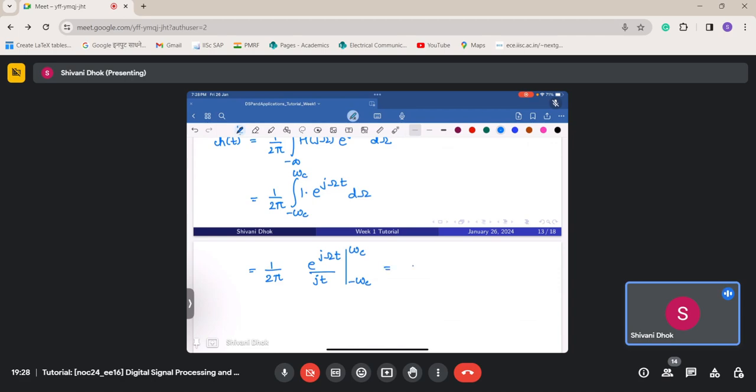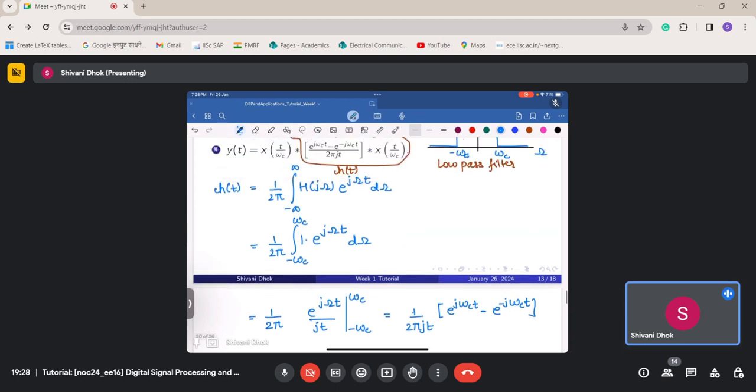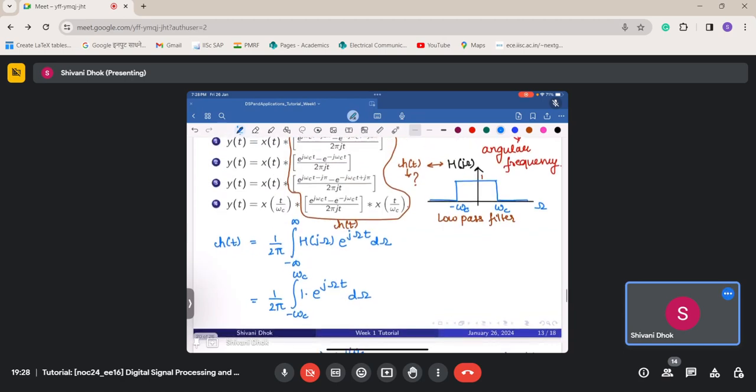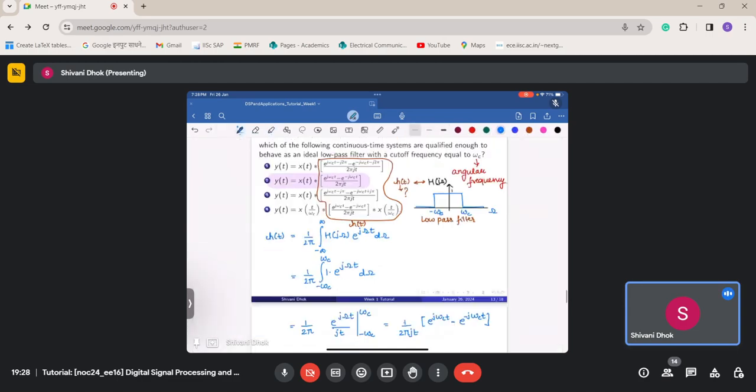And this is equal to 1 upon 2 pi jt times e power j omega c t minus e power minus j omega c t. So if we look at the options here, e power j omega c t minus e power minus j omega c t upon 2 pi jt is the answer. So this particular option is the answer.